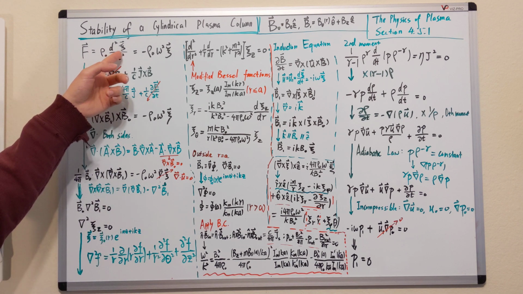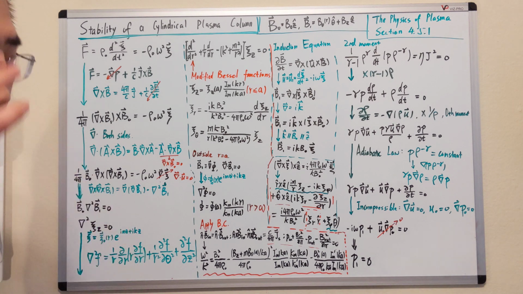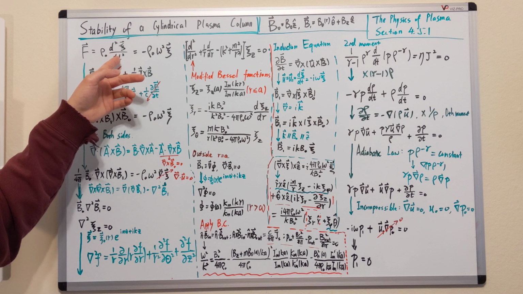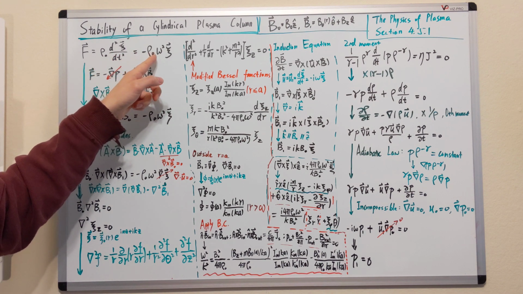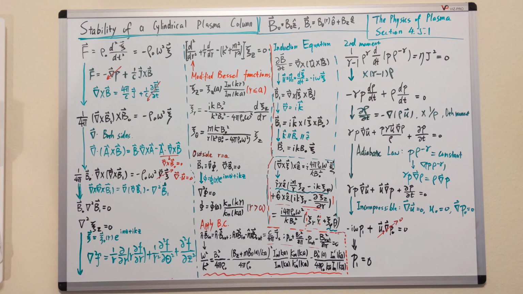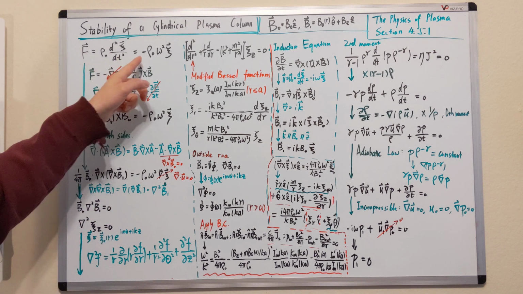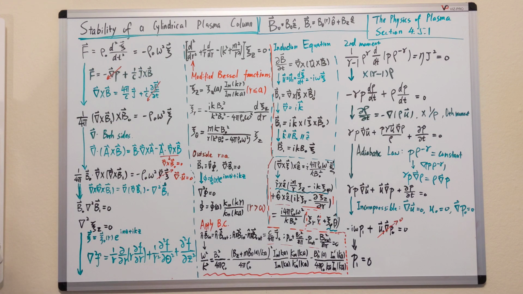If we think about the Fourier component of it, then d/dt squared will become negative omega squared. So we have F equals negative rho naught omega squared psi.